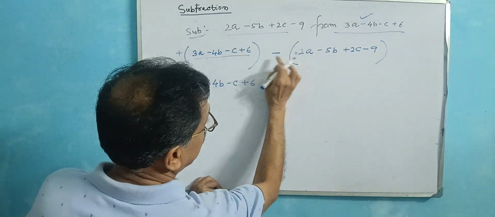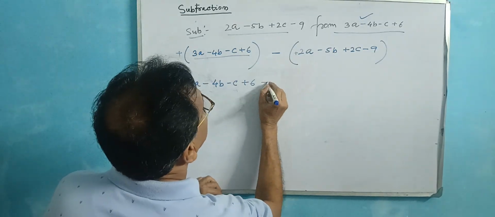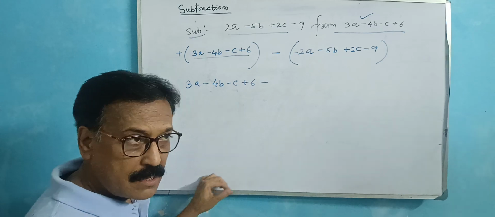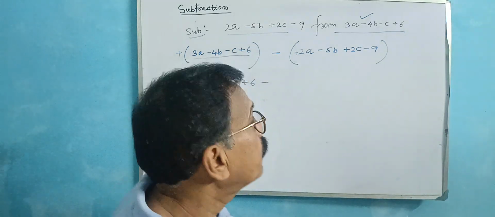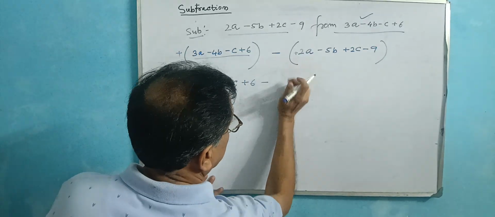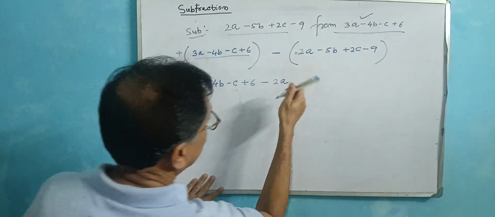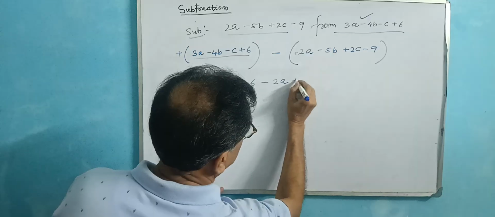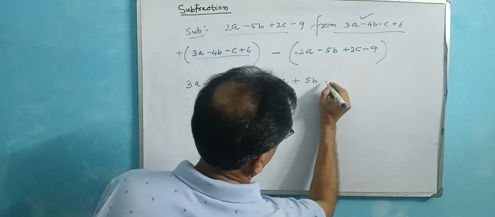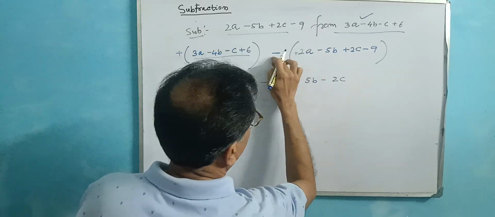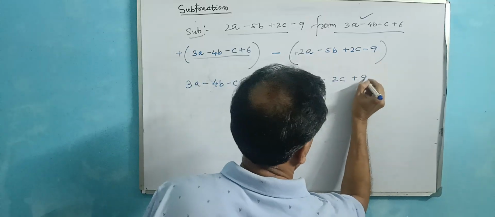So first is this, plus minus minus. This is the rule of multiplication. I just discussed it in the previous video. Okay, no problem. Plus minus minus 2a, minus minus plus 5b, plus minus minus 2c, minus minus plus 9.